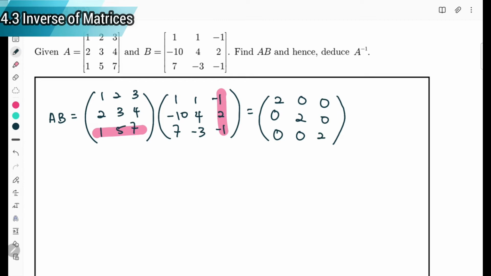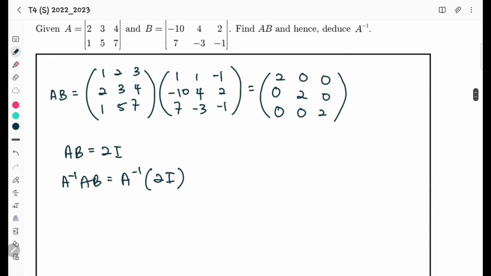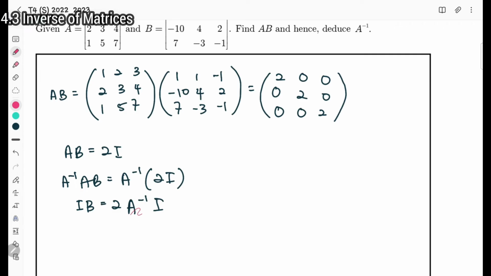Alright, then hence deduce A inverse. So from there you know that AB is actually equal to 2I. And if you multiply both sides by A inverse, using the property you know that this will be I, and then A inverse times I will be A inverse.